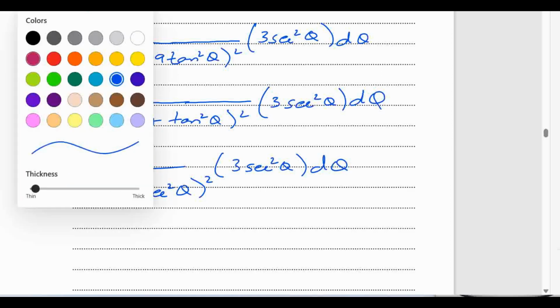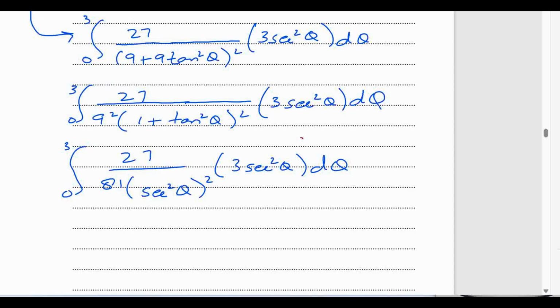Now we can cancel out these two. So 27 ones are 27, 27 threes are 81, so this will be 3 ones are 3, 3 ones are 3, and then 1 secant square theta will be cancelled out with this one.